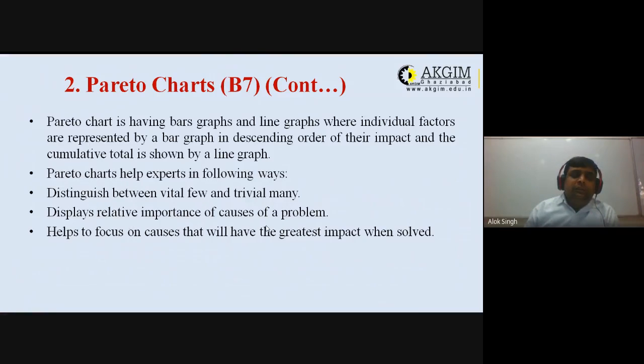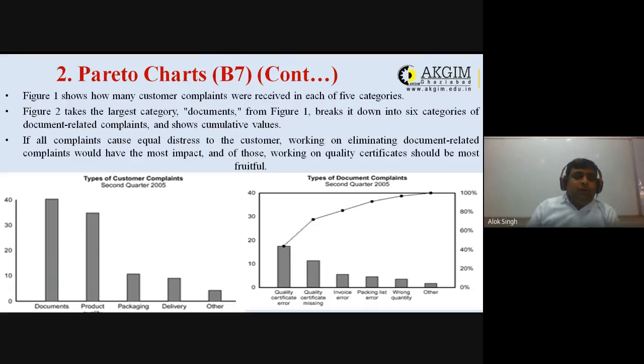Here is an example of types of customer complaints in the second quarter of 2005. The types of customer complaints are related to documents, product quality, packaging, delivery, and other. So you have created a bar graph of those customer complaints.